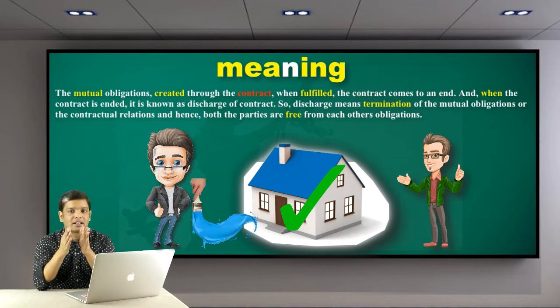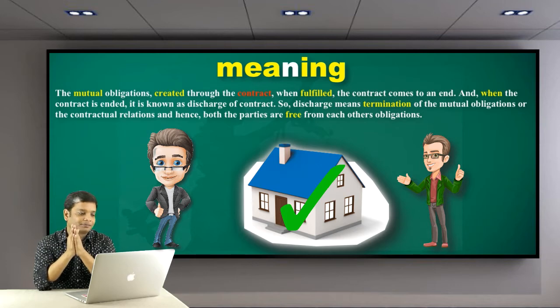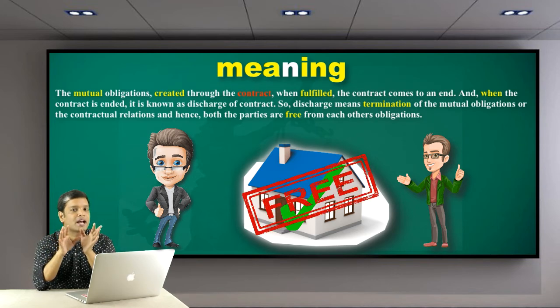So there are mutual obligations, or the contractual relations, and hence both the parties are free from each other's obligations. Of course, once he did his part and you paid the money, both of you are free now. There are no such obligations, isn't it? So the contract is discharged. I believe you understood this concept very clearly now.